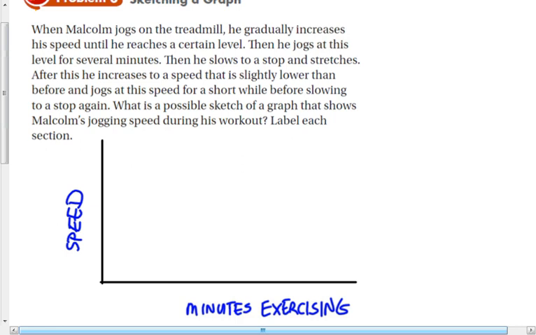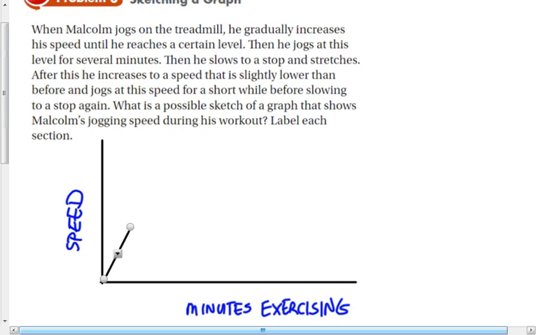So I'm going to draw a line showing that we must be starting at 0 speed, and he's gradually increasing. And then he reaches a certain level. I'm going to shorten that up a little because it shouldn't take him too long to reach that level. So maybe something like this, gradually increasing. That just means a pretty straight line going up at a constant rate.